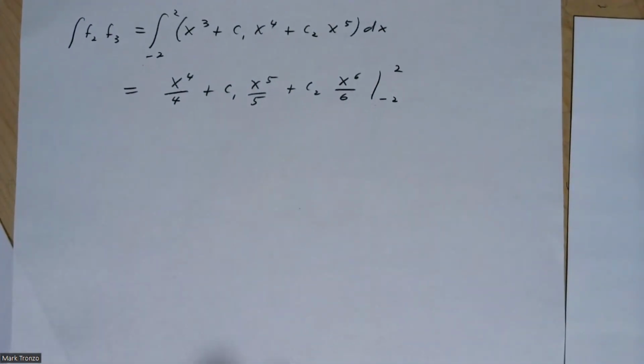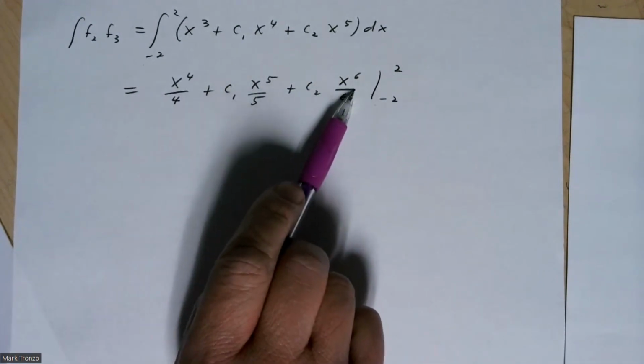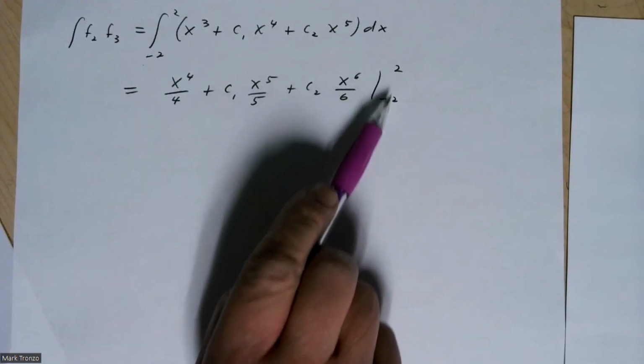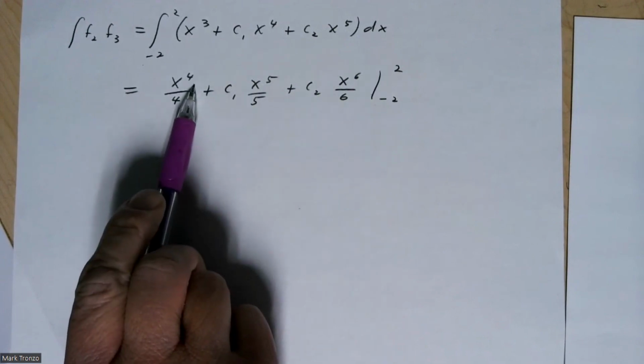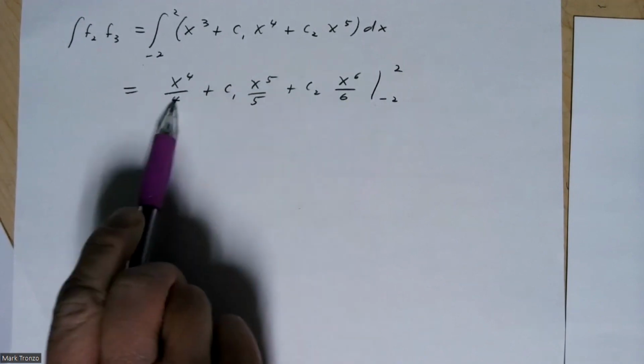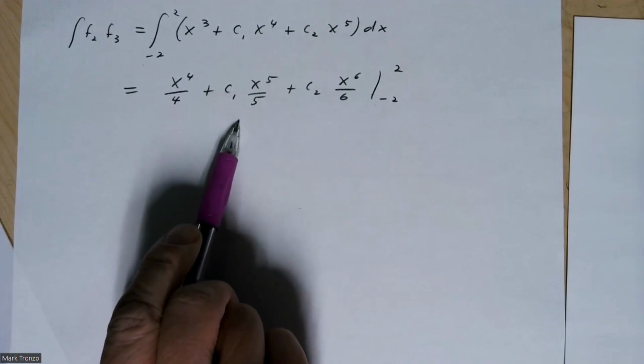And once again, when we put these bounds in, notice these even x's are going to end up canceling out again, because we'll have 2 to the 4th, and then we have minus 2 to the 4th, 2 to the 6th, minus 2 to the 6th. So those are going to cancel.